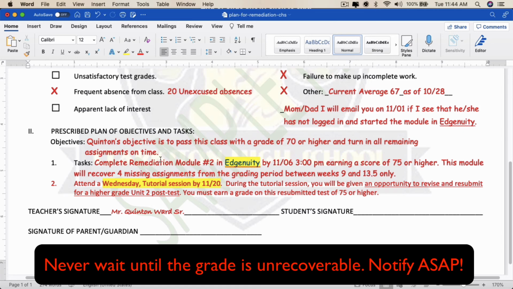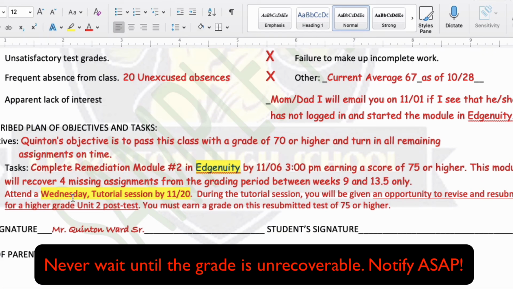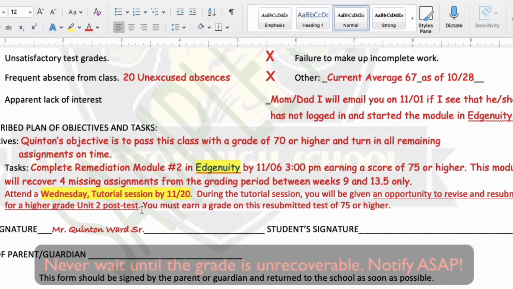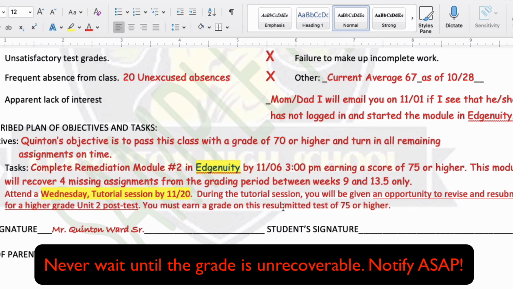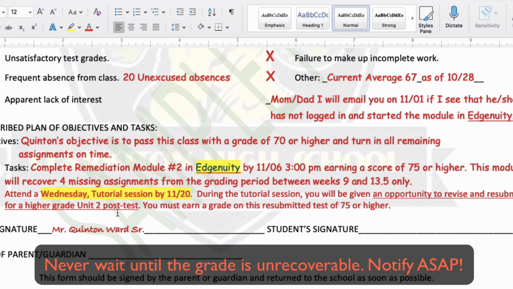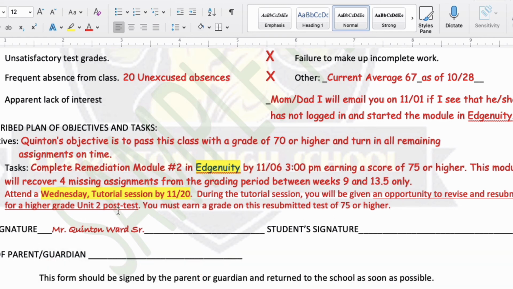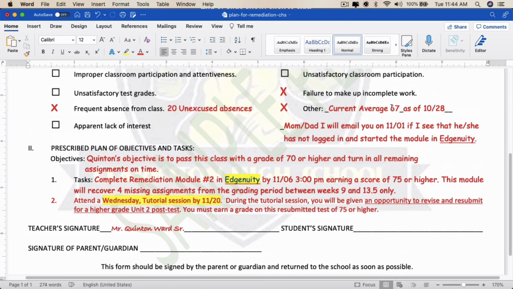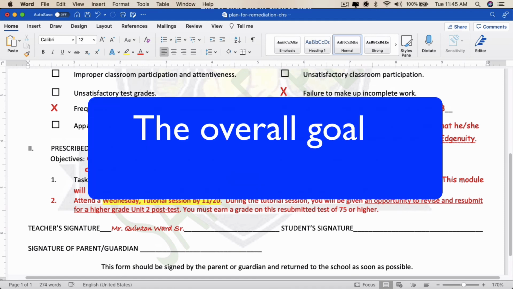The second task is that the student must attend at least one Wednesday night tutorial session by November the 20th. During that session, the student will be given an opportunity to revise and resubmit the Unit 2 post-test for a higher grade. The student must earn a grade of 75 or higher on the resubmitted Unit 2 post-test, and if the student does that along with task number 1, the student should earn a grade higher than 70.